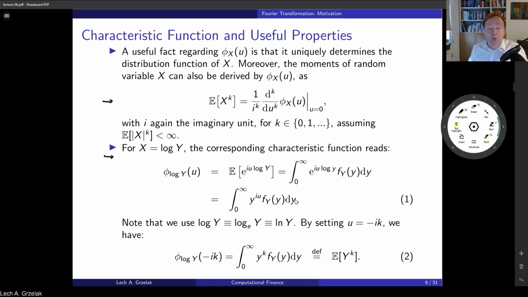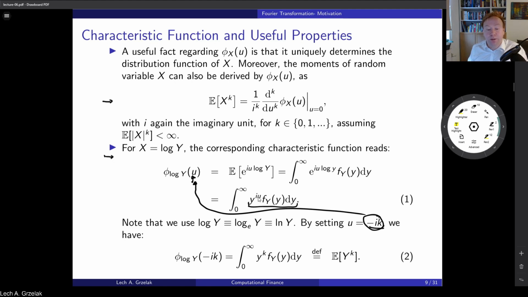We end up with an integral from 0 to infinity of y to the power iu times fy dy. And this is very interesting, because what it says is that if I evaluate the characteristic function at u equal to minus ik, I just plug it in, and we get the following expression: the characteristic function of the logarithm of y at minus ik is equal to the integral of y to the power k.